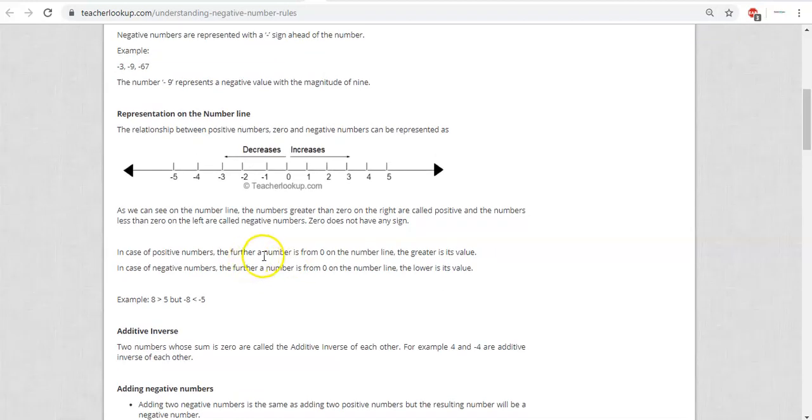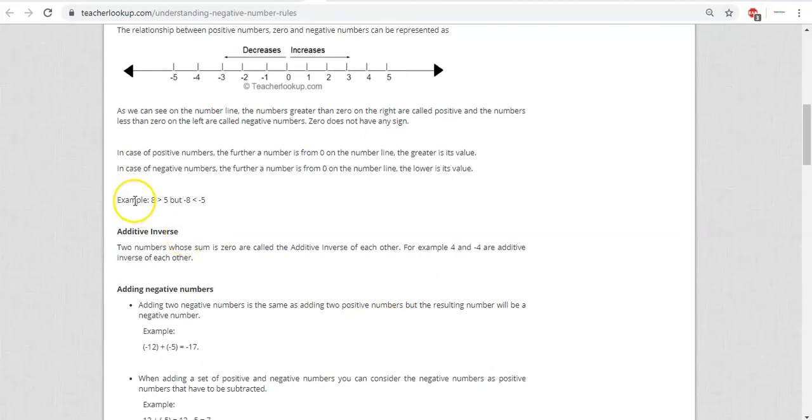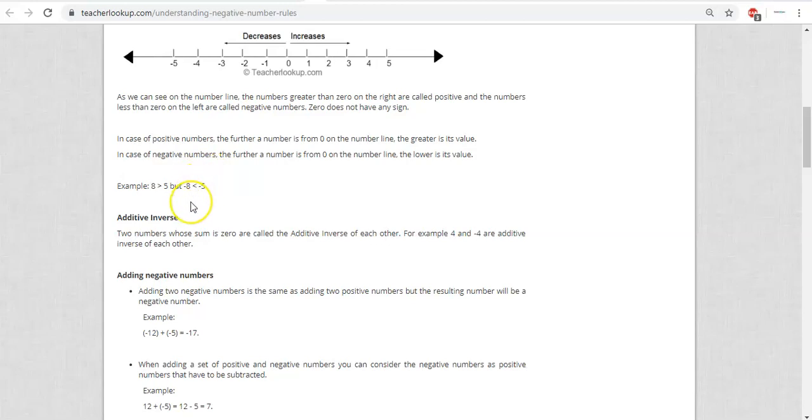In case of positive numbers, the further a number is from 0 on the number line, the greater is its value. In case of negative numbers, the further a number is from 0 on the number line, the lower its value. So, for example, 8 is greater than 5, but -8 is less than 5 because of this negative number, guys.